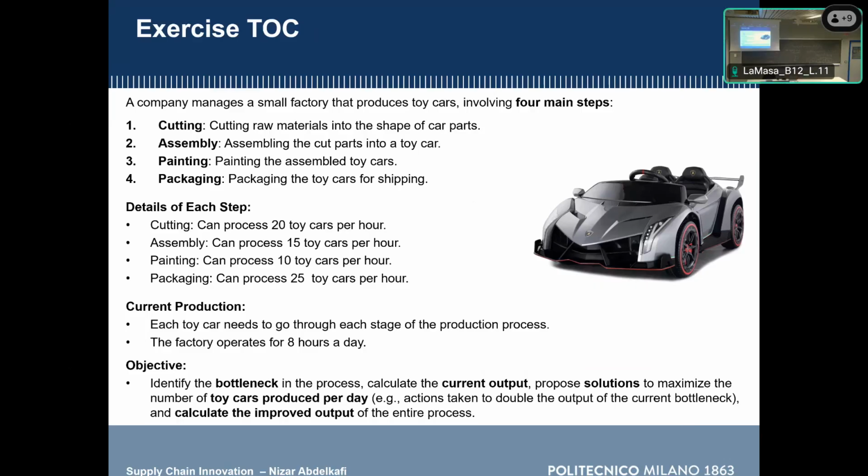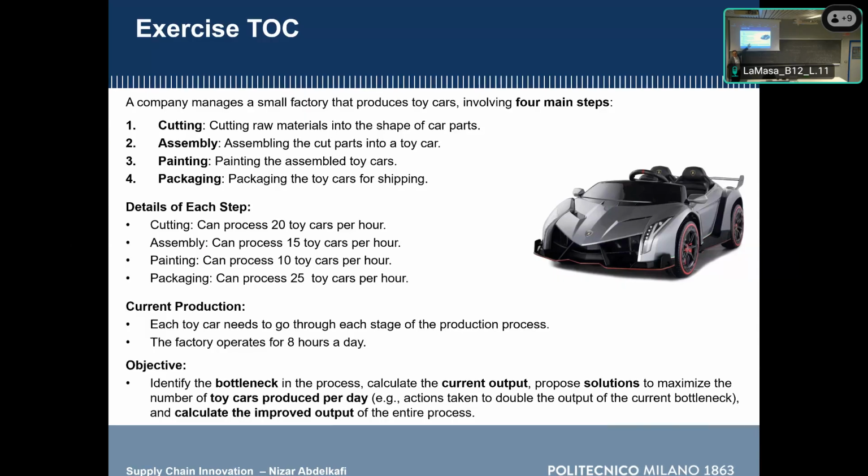It is by multiplying, because we are operating an 8-hour shift. Before the improvement, we are producing at the bottleneck 10 per hour.